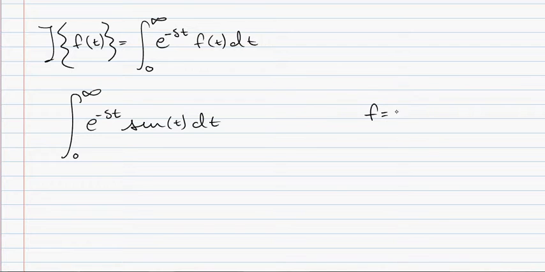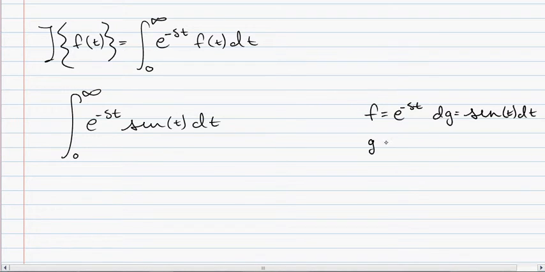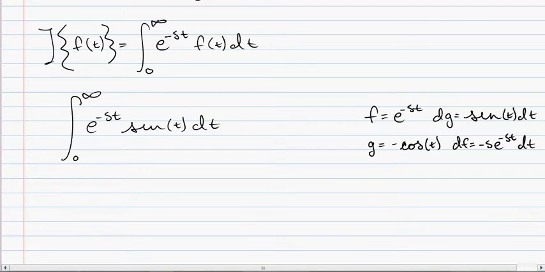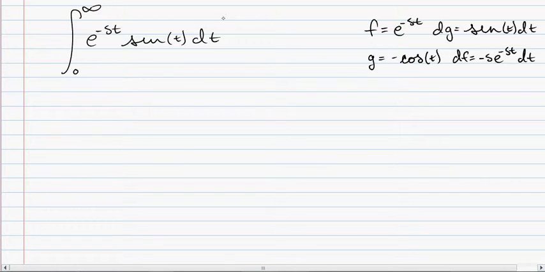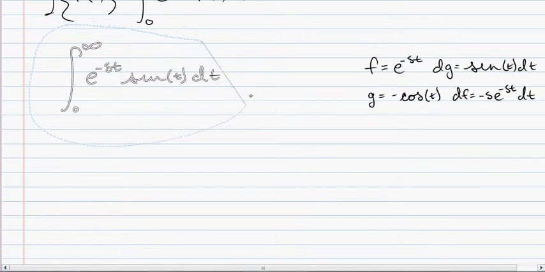So I'm going to write f is equal to e to the negative st, dg is sine of t. G, therefore, is negative cosine of t, and df is negative s e to the negative st dt. So then we get this.